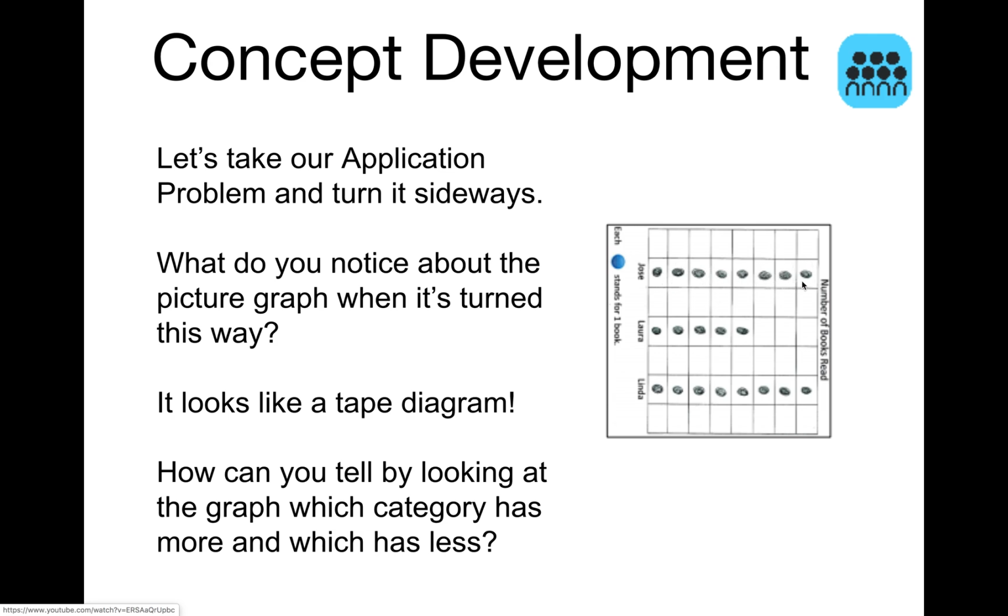We see that we can kind of form this bar right here, and a bar right here that represents those tape diagrams. And you can tell pretty easily just by looking at this graph which has more and which has less, right? Because Laura's is the shortest tape diagram, or in this case, the shortest group in the picture graph. So we see that she just has 5, and then 8, and 8.